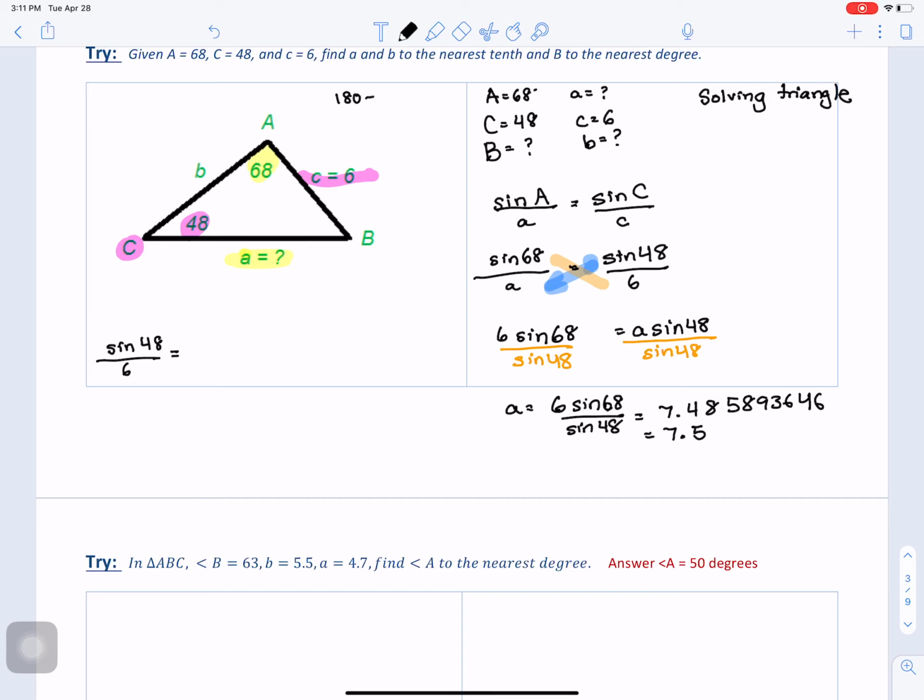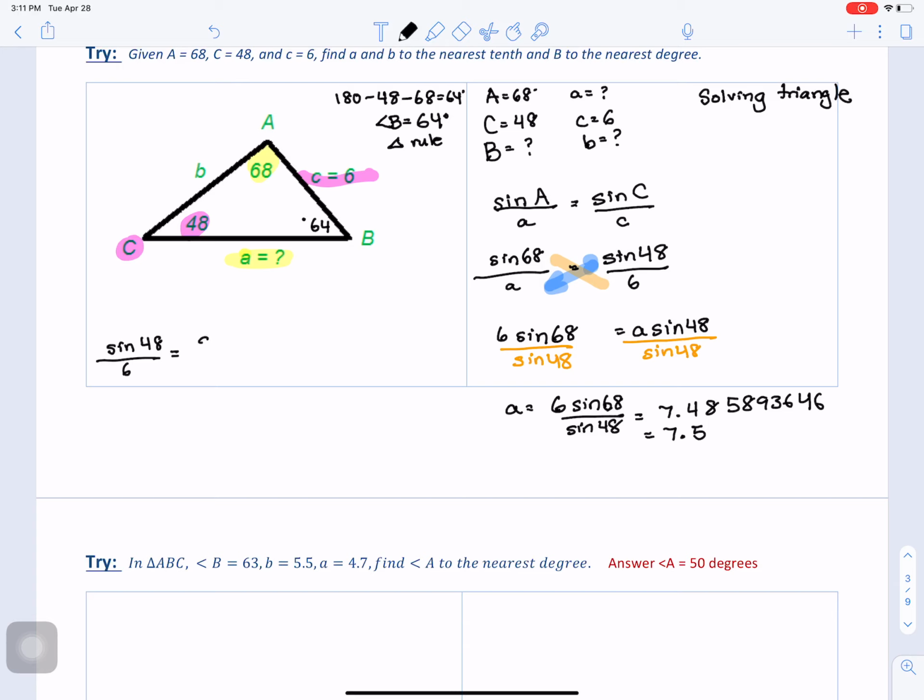We have 2 out of the 3 angles in the triangle. So I'm going to subtract 48 and subtract 68 from 180. And the angle that's left over will be 64 degrees. So that would be my angle capital B. So angle B is equal to 64 degrees because of our triangle rule.